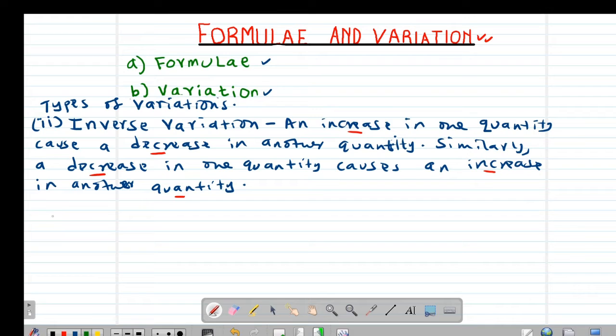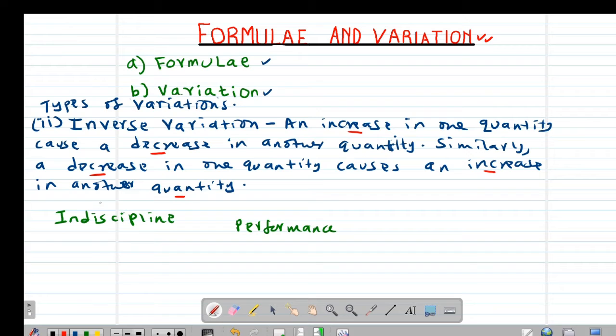Maybe to understand this, we can look at two quantities. We look at a quantity called indiscipline, and that is indiscipline and performance. How do they relate?